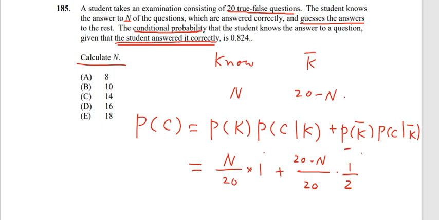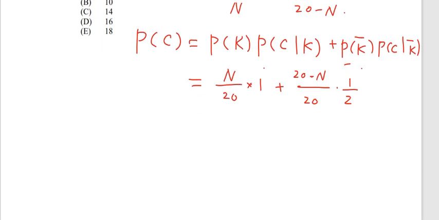Okay, so there's a total condition: answer correctly. So among them, there's a probability 0.84. This is just the probability of answering correctly. So this equals this, right?